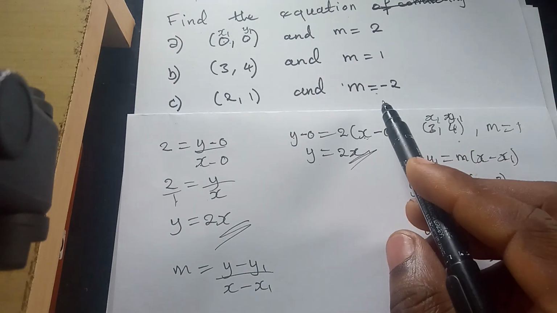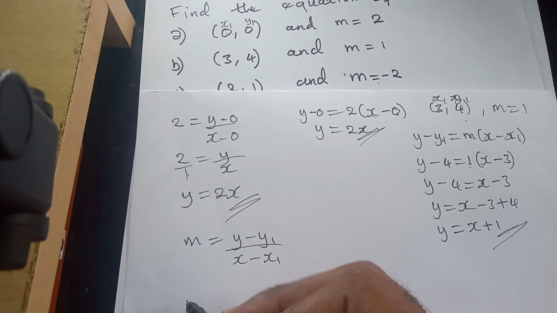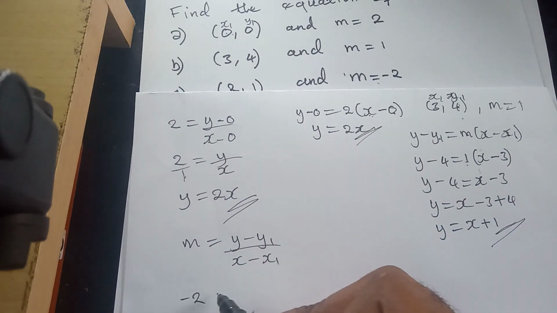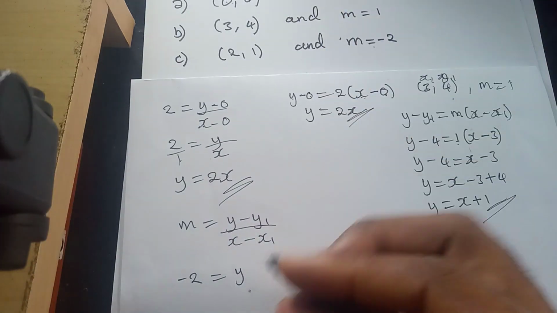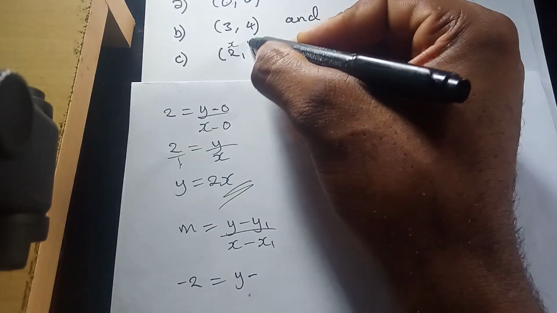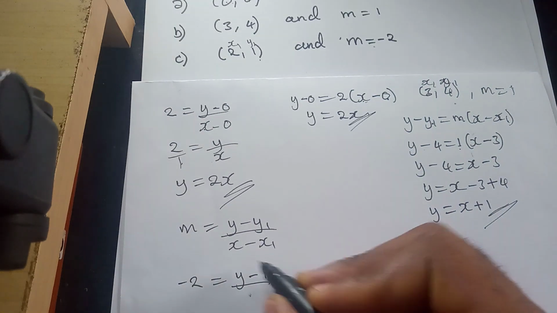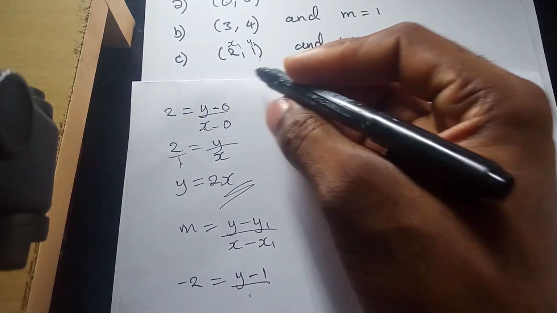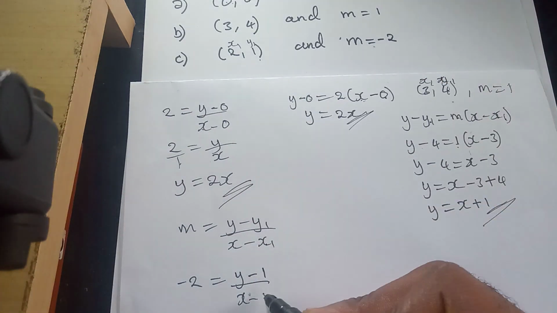So let's put our m, our negative 2 where we have an m. So our gradient is negative 2. And then we can say y minus our y1, x, y. Our y1 is 1, then our x is just an x, then our x1 is 2.